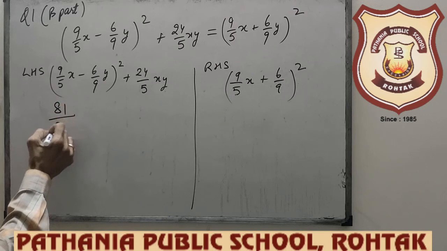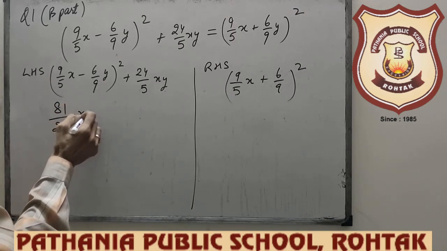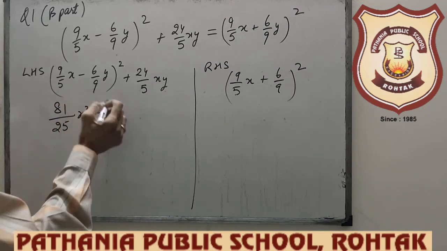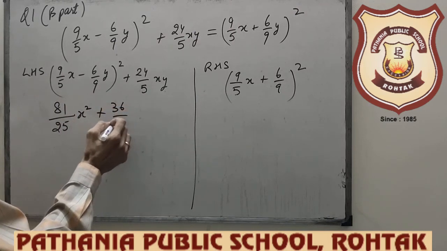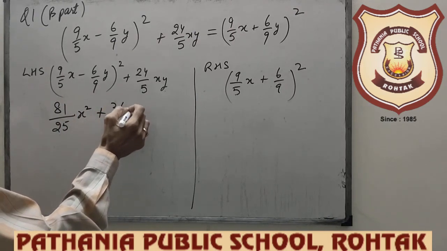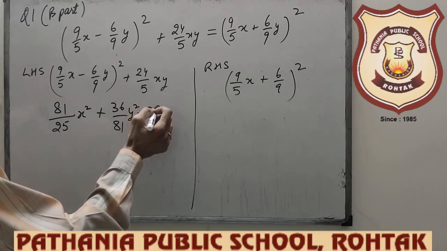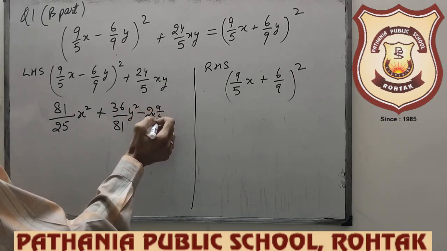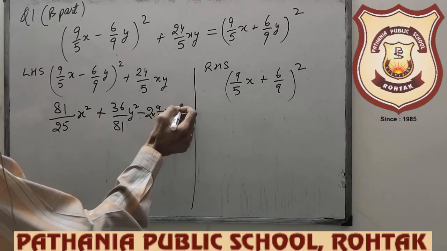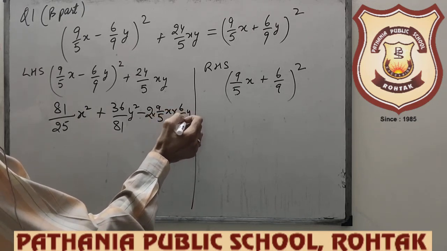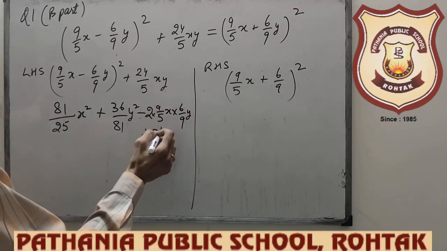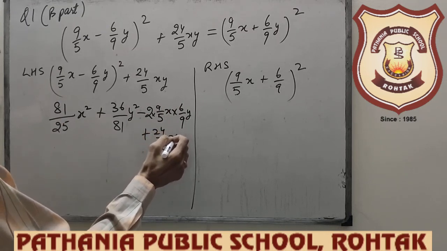Square of 5? 25. x square plus 6 square 36, 9 square 81, y square as it is, minus 2xy, minus 2 into 9 by 5x into 6 by 9y, and this as it is plus 24 by 5 xy.